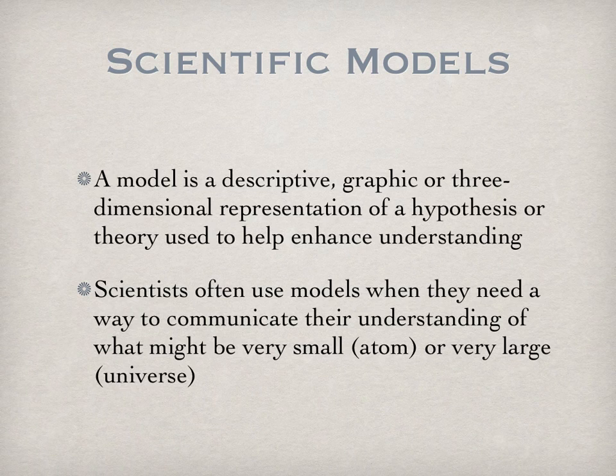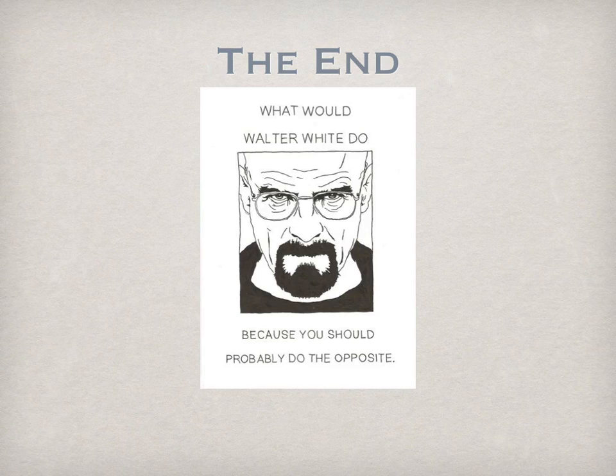It's just a model that represents it. It's not perfect by any means. There are going to be some issues with it, because we can't do that exactly. Or if we're talking about the universe, we might have a model of the universe, but obviously it's not going to be represented exactly. But models make things a little easier to understand, and that's important in science. And that is the end of section number 2.